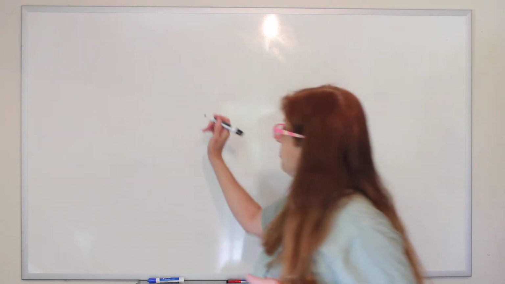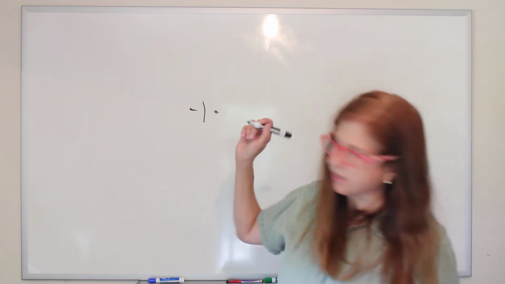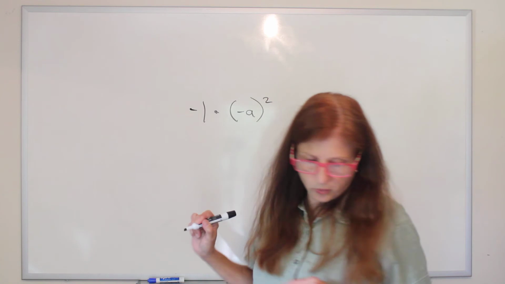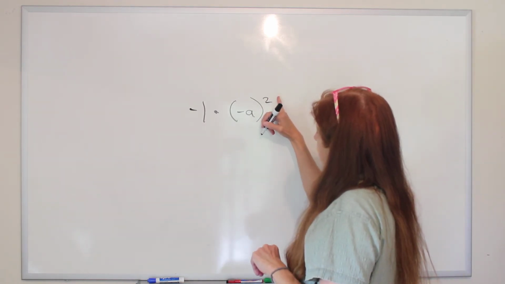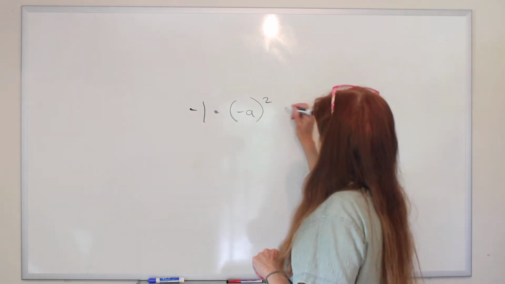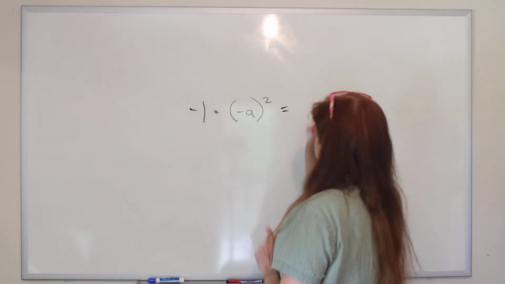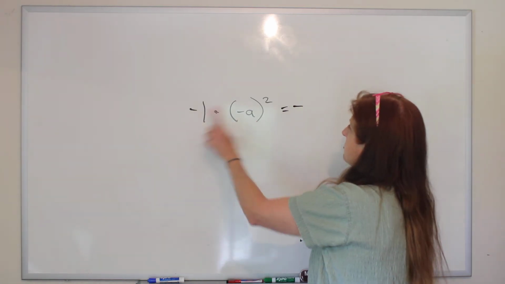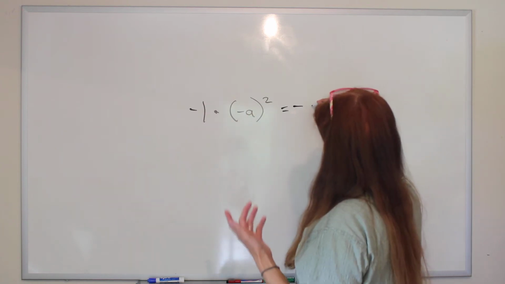All right, negative 1 times, I'm just going to write a dot instead of parentheses. Well, I should have negative a squared. Okay, negative a times negative a, 2 negatives make a positive, so that's positive. But we have a negative here. Altogether, 3 negatives is negative, because you end up with positive times negative is negative. 1 times a is just 1.